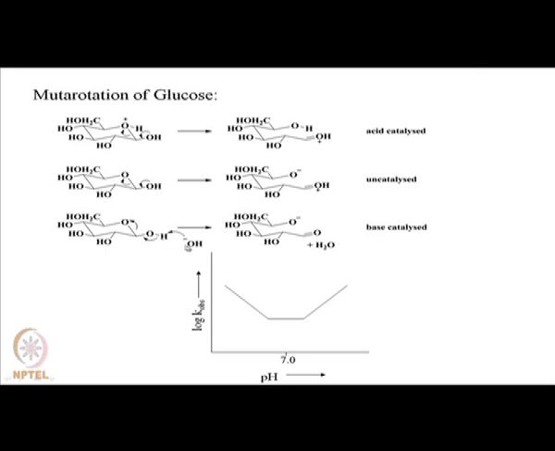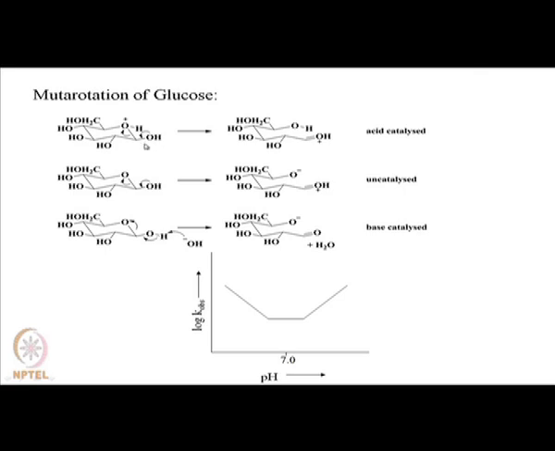Importantly, you see here this OH minus snatches this proton from the anomeric carbon, and then the carbonyl bond is formed, and the ring opens here. Uncatalyzed means around pH 7, where the concentration of H plus or OH minus is very low.